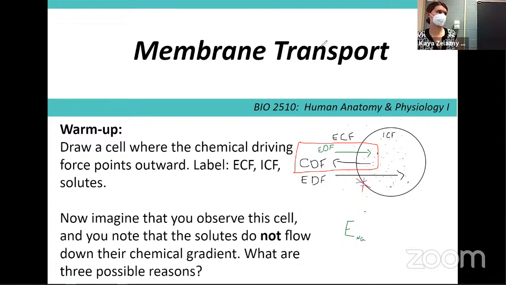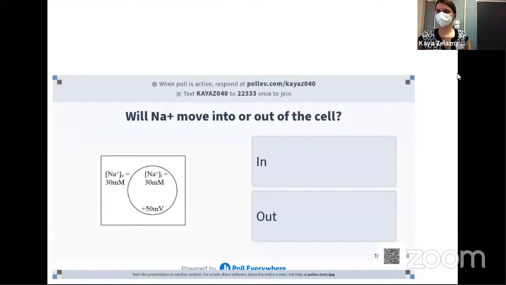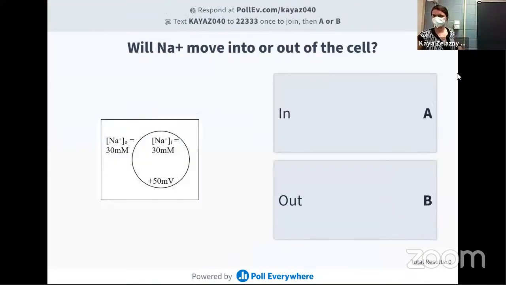We have a lot of factors to consider as we're thinking about whether something will move and which direction it will move in. I have a couple of examples to practice this.